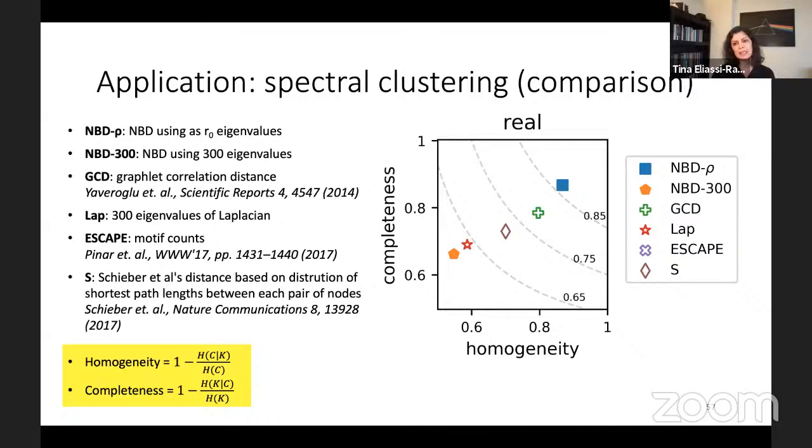And you're not seeing ESCAPE on this plot because ESCAPE had accuracy results that were below 0.5. And this is based on spectral clustering, right? So you do spectral clustering based on that distance measure, and you're trying to see how homogeneous and complete your clusters are.